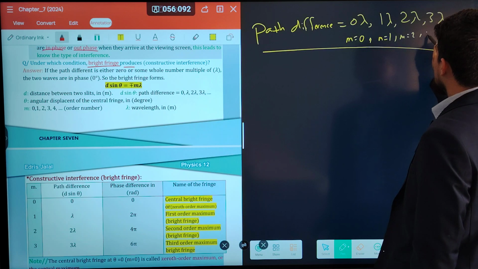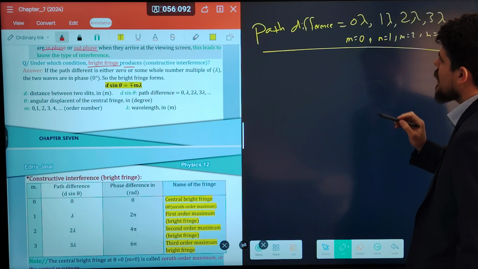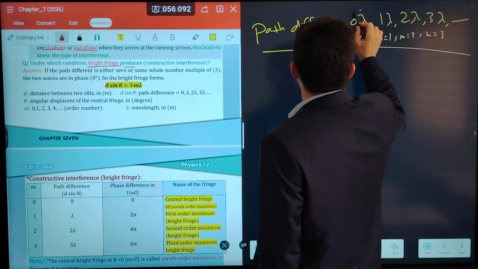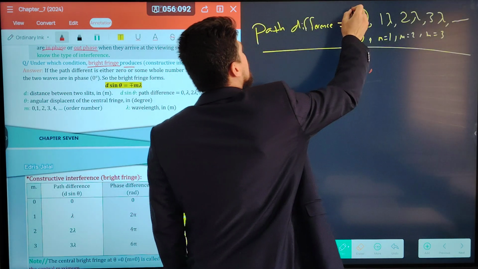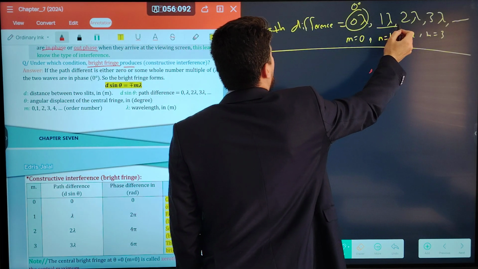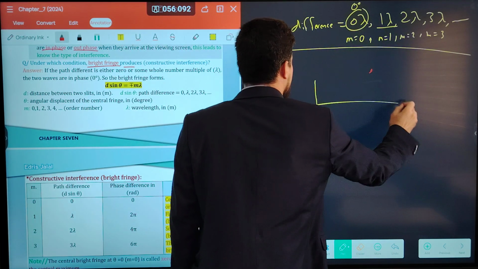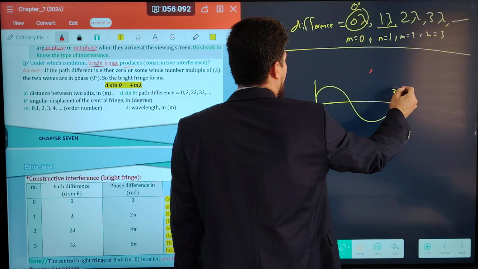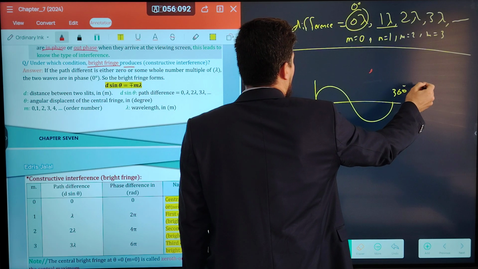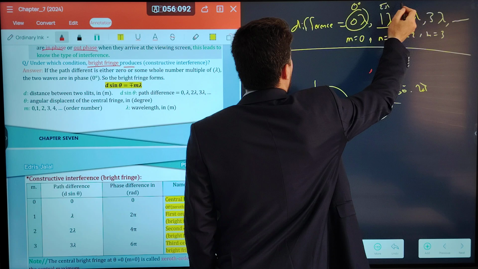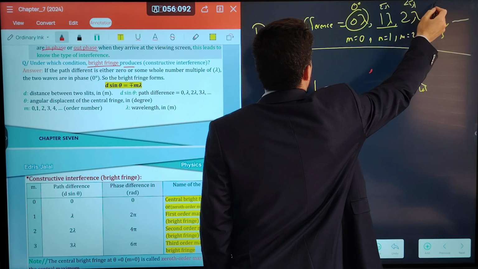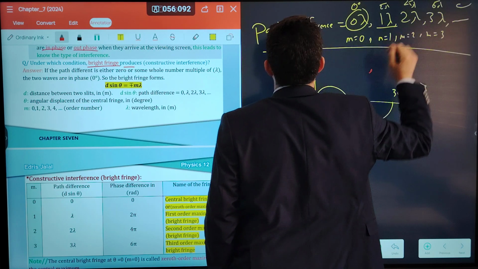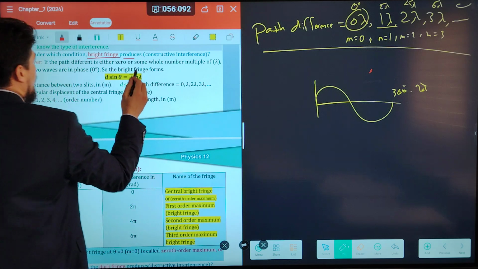Here, m2. Here, m3. So when path difference is 0, phase difference is 0 degrees. For one wavelength, one complete cycle, how many degrees do we have? 360 degrees, or 2 pi. And 4 pi, 6 pi, 8 pi, and so on.